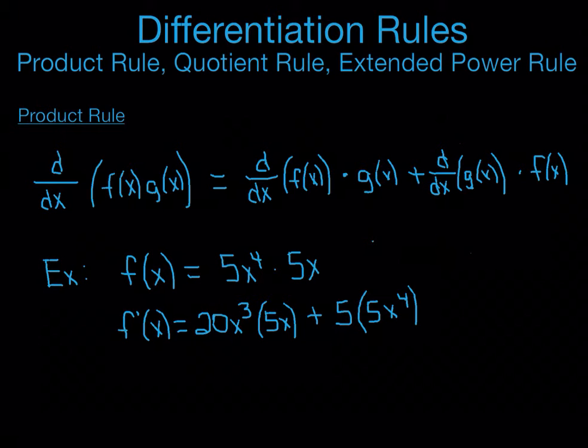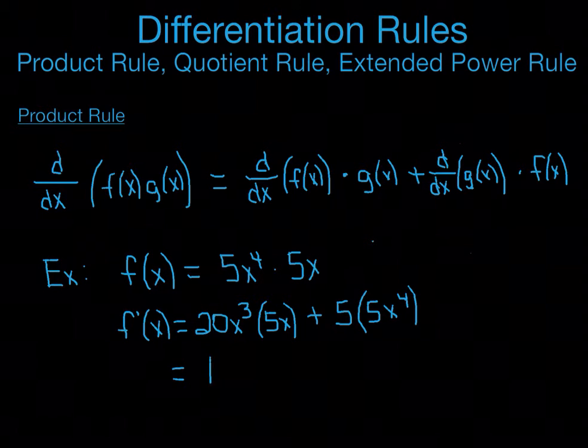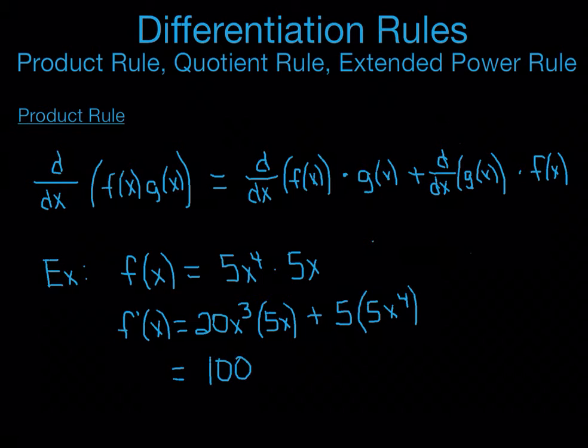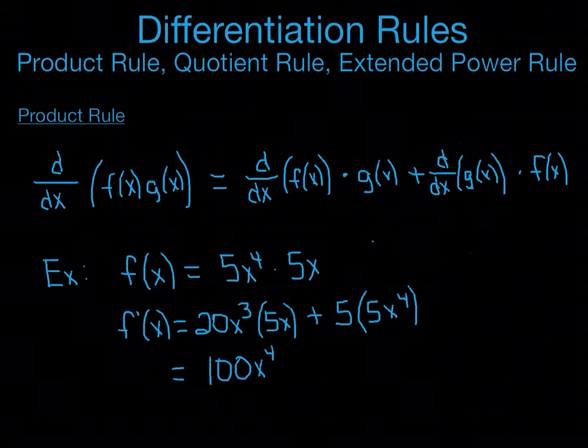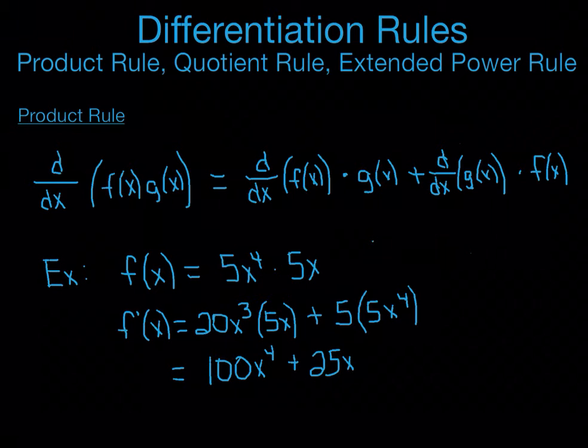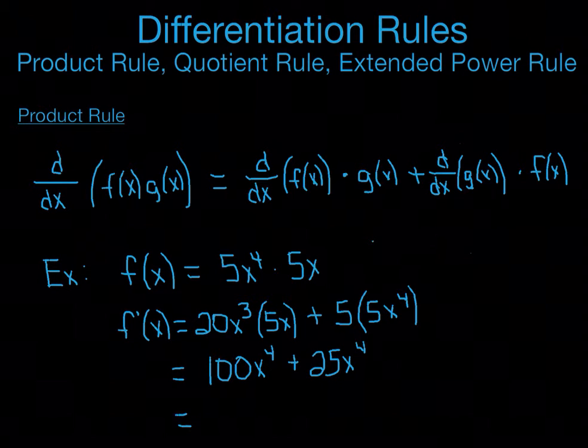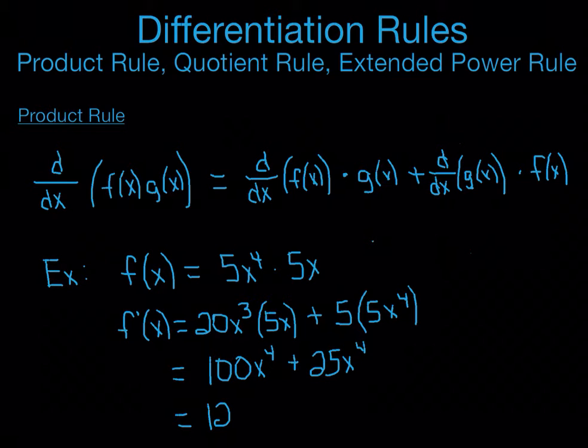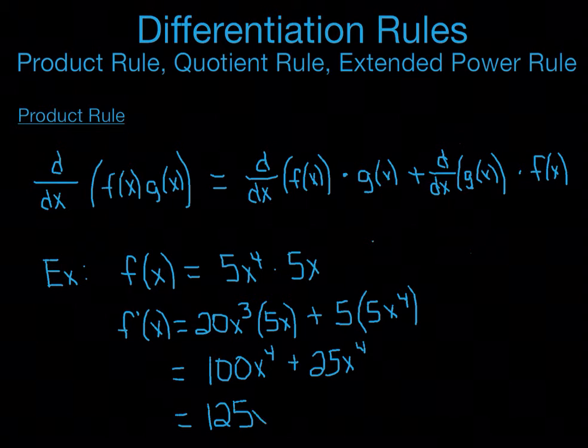Now, doing a little bit of simplifying, this would give us 100x to the fourth plus 25x to the fourth. Or we can combine these and say this would be 125x to the fourth. Now, there's a simpler way of doing this one, but I just want you to see that the answer is 125x to the fourth.